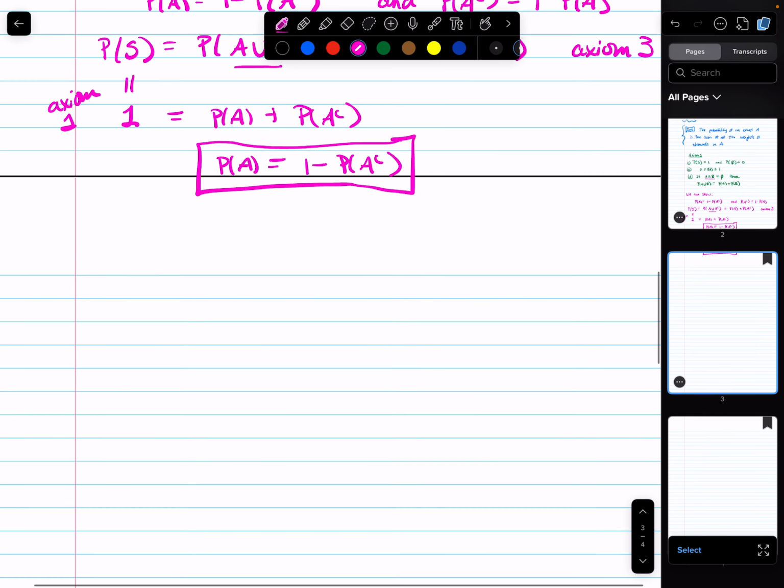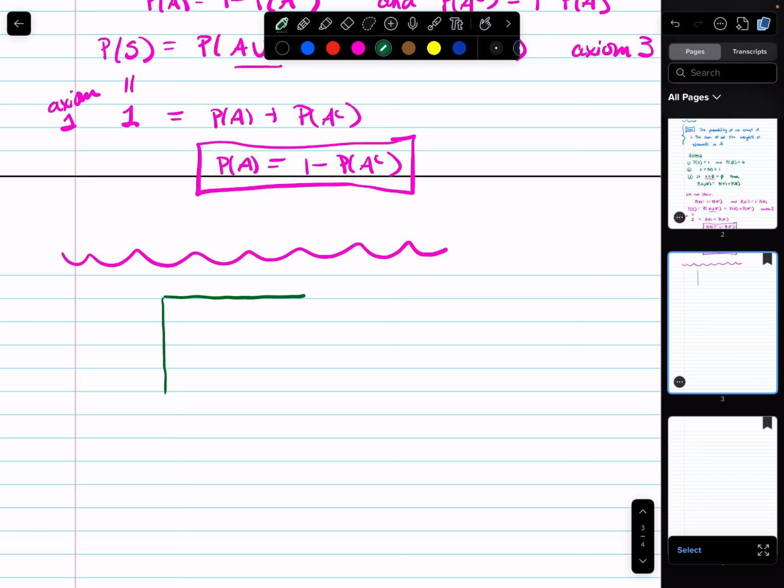Now, a recurring tool that we'll use in here is where we take a set and another set, and we split it up into a union of disjoint sets. Let me just explain what I mean here. So let's say we have A and B here.